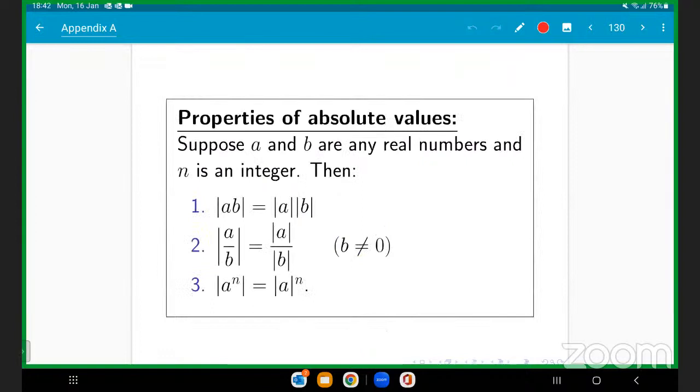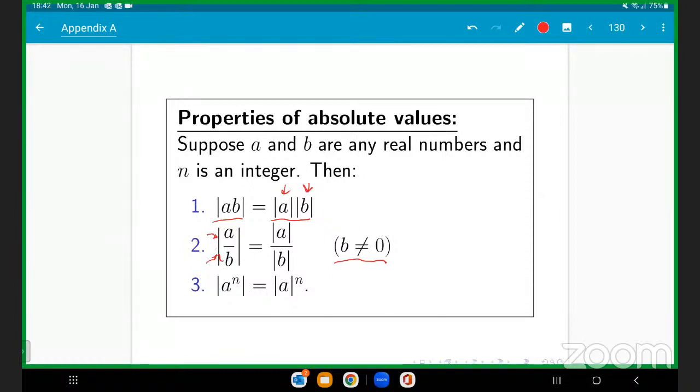So some properties of absolute values. Let's say a and b are any real numbers and n is any integer. Then the absolute value behaves nicely in that if you multiply two numbers and then take the absolute value, that is equal to first taking each of those numbers' absolute values and then multiplying out the result. Likewise, if b is non-zero, you can distribute the absolute value over the numerator and denominator.